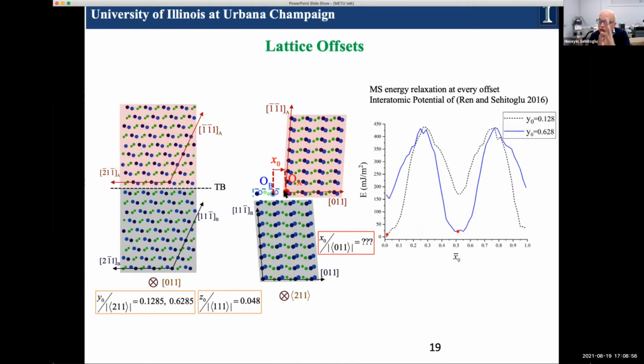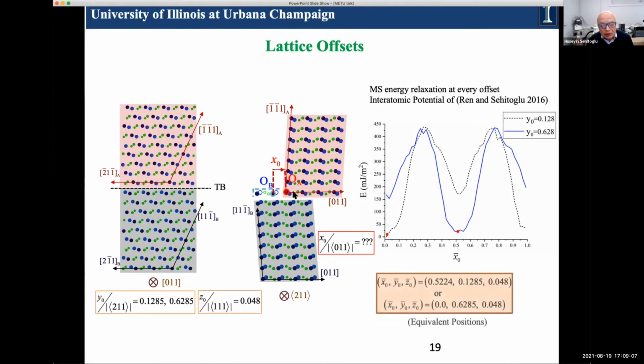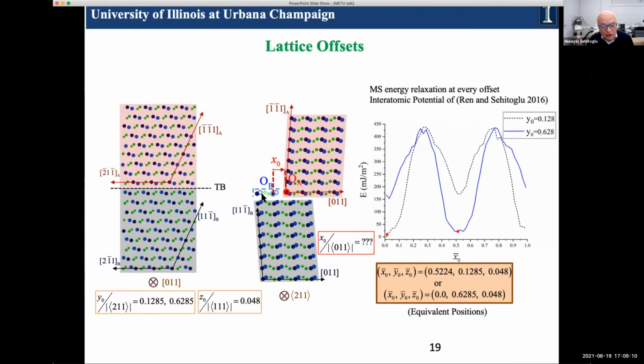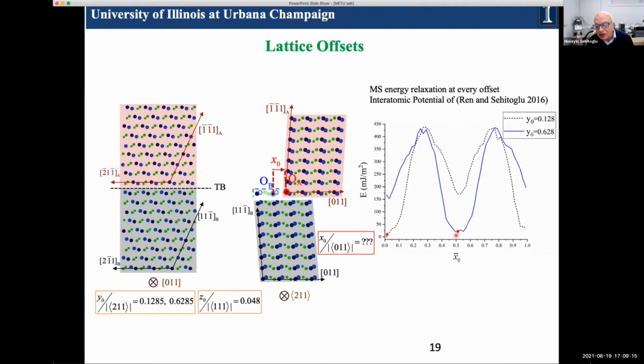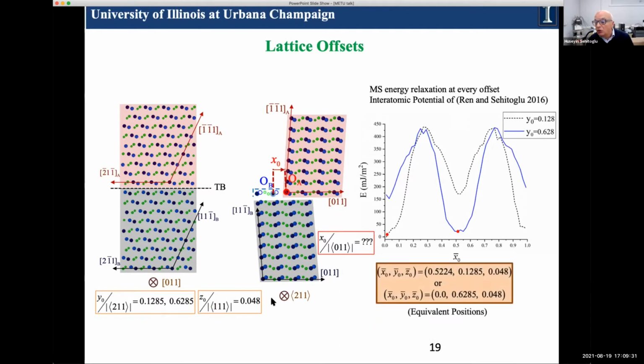The two twin variants, the lower part and the upper part of the twin, with the twin boundary between them, have to have these offsets, because these offsets are necessary to get a minimum twin boundary energy. Otherwise, the twin boundary energy would be extremely much higher. So we calculate these offsets, x0, y0, and z0, first, to construct the twin boundary correctly.